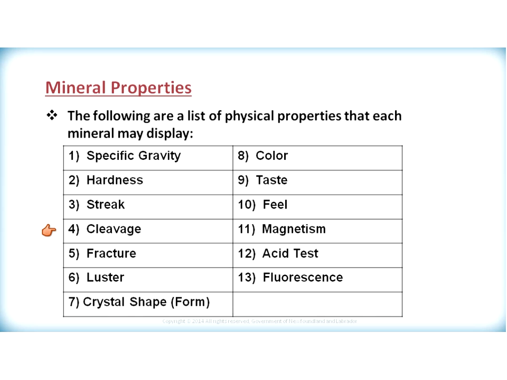Other properties that can be used under certain circumstances include fracture, luster, crystal form, color, taste, feel, magnetism, acid test, and fluorescence. Mineral properties 5 through 13 can be used to identify certain minerals and to narrow down choices between minerals that may look similar.